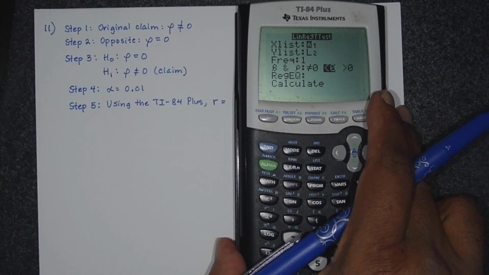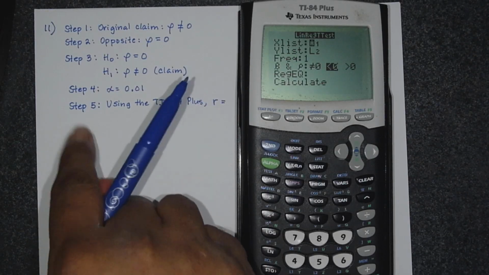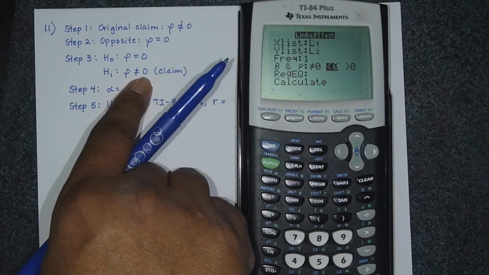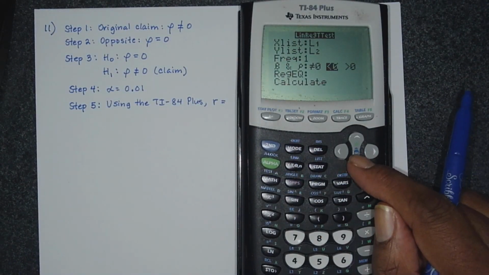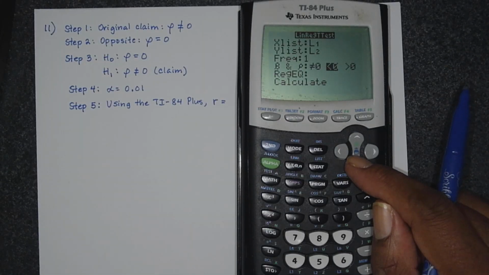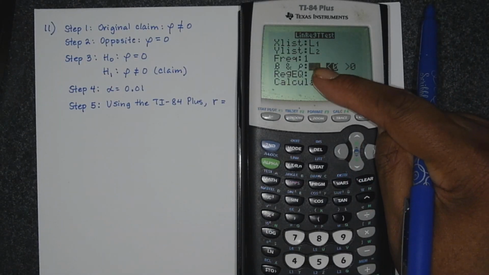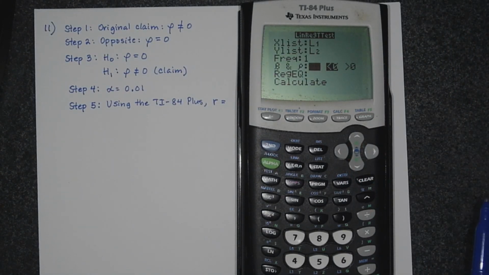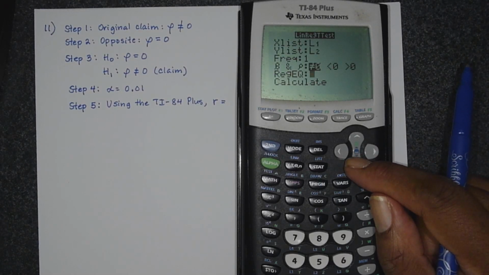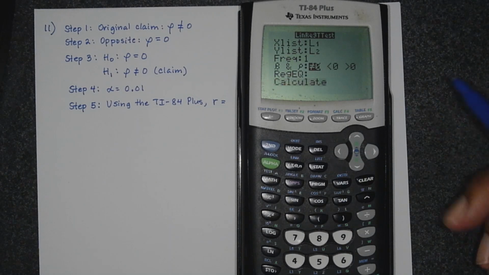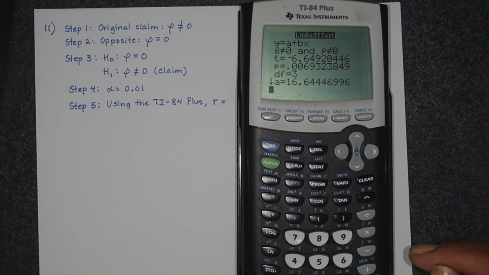And now look at your alternative hypothesis. It does say not equal to. So you want to make sure that beta and rho, where that is, that not equal to 0 is highlighted. So put the cursor on not equal to 0 and hit enter. Go all the way down to calculate, and then press enter.